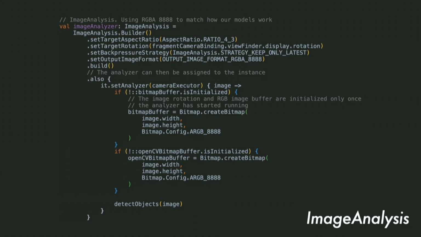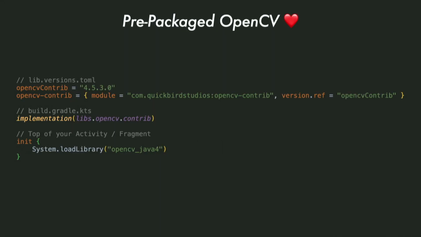So image analysis right there is a nice little tool. And you can see at the bottom in the last lambda that I'm passing in through the also function, I'm setting an analyzer. That's the code that's going to be called on each new frame. At the very bottom, you see this detectObjects function that's just getting a frame. So it's a nice way of abstracting away the camera from the problem that interests us, which is looking at frames and trying to detect stuff in them.